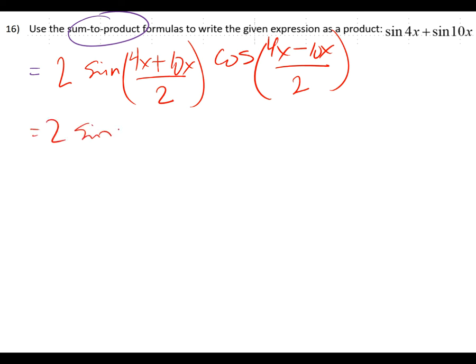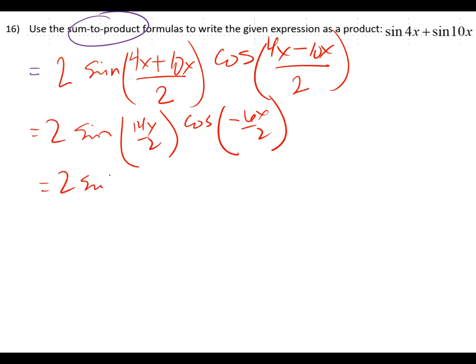So let's see, what's 4x plus 10x? 14x over 2, and then 4x minus 10x is negative 6x over 2, good. Okay, 14x over 2 is 7x, and negative 6x over 2 is negative 3x.